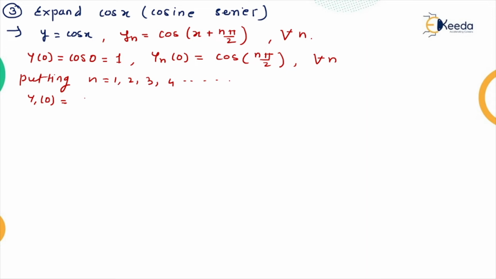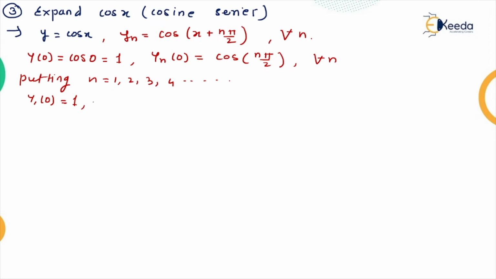If y is equal to yn, y1 of 0 means cos of 1 into pi by 2, which is cos pi by 2, cos 90, and it becomes 0.